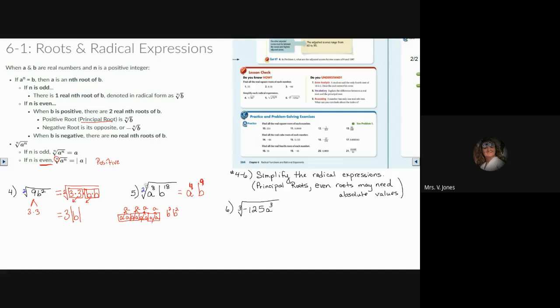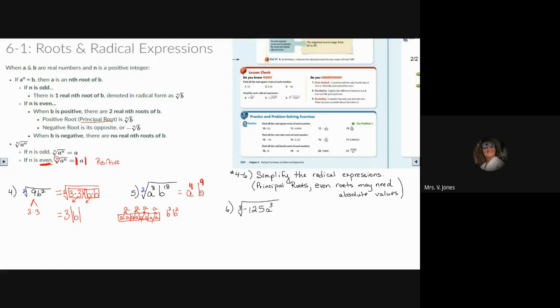Okay, so now, since it's an even root, we have to figure out if we need any of the absolute value symbols. If you plugged in a negative number for a and then took it to the 4th power, so a negative times a negative times a negative times a negative, would that be a positive or a negative? Well, that would be a positive. Anytime you take something to an even power, you'll always get a positive. So we don't need absolute values there.